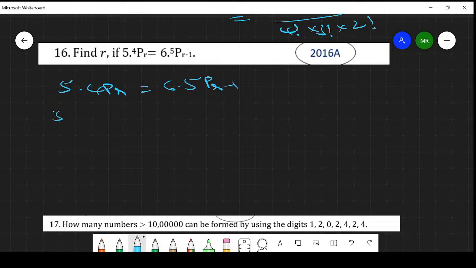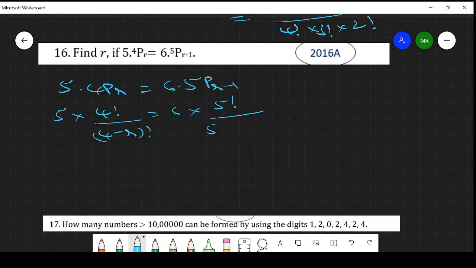I can write 5 into 4Pr as 5 into 4 factorial by (4 minus r) factorial. Then 6 into 5P(r-1) is 6 into 5 factorial by (5 minus (r minus 1)) factorial. Just remember the formula.